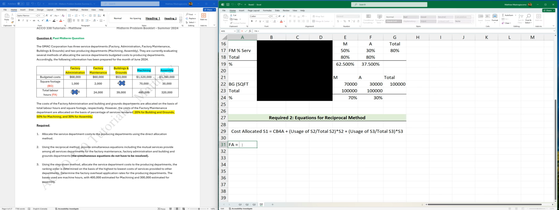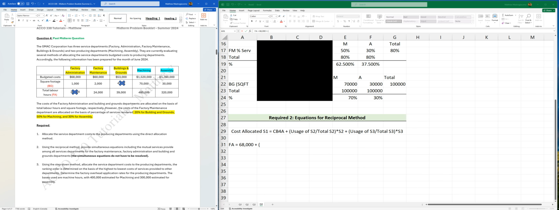So we start off with our cost before allocation, which is 68,000. Now we have to see here, guys, how much do we use of the next support department? So how much does factory admin use from factory maintenance? So let's go look here and see how much factory maintenance helps admin. Well, guys, factory admin doesn't receive any help from factory maintenance.